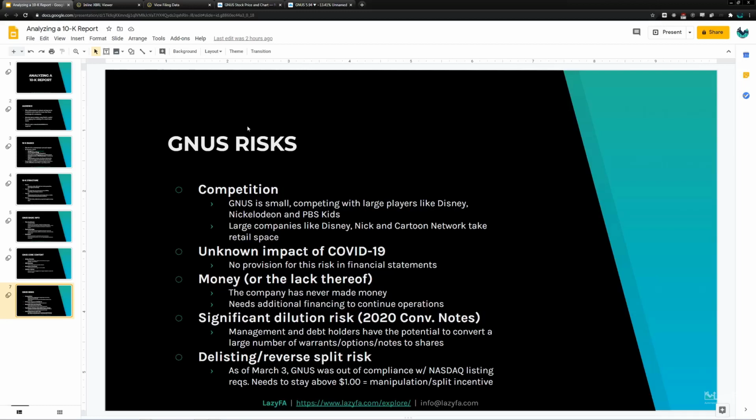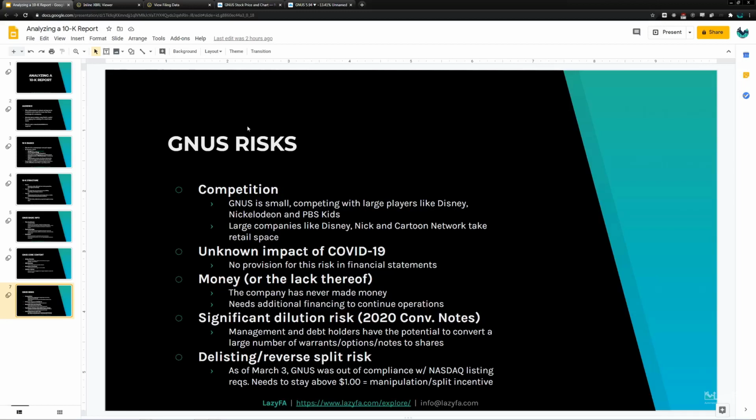But they do also face some other risks. They didn't have any kind of idea, at least that I could glean from reading their filing, how COVID-19 is going to impact their profitability or lack thereof. And they also are pretty small. So they're competing with these big, large players like Disney and Nickelodeon and PBS.